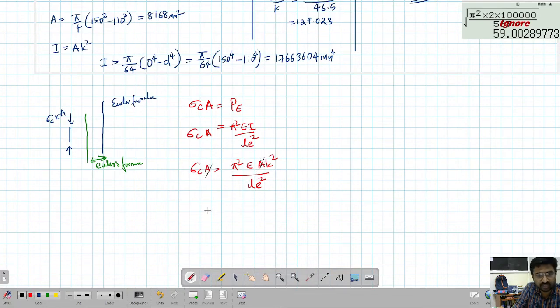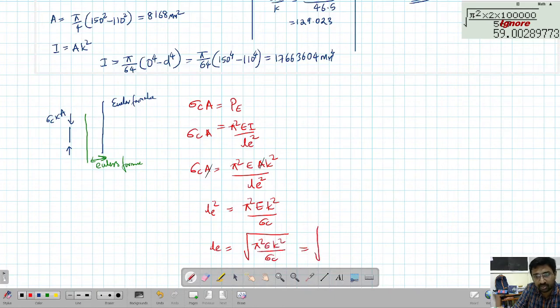We can find L_E square equal to pi square E K square upon sigma c, and L_E equals the square root of pi square E K square upon sigma c.